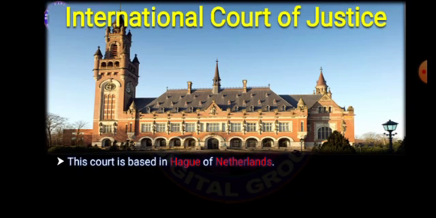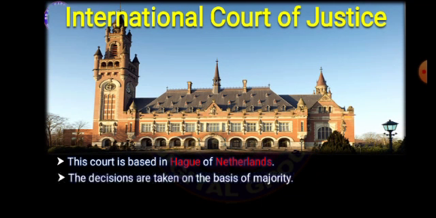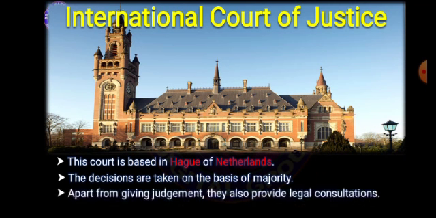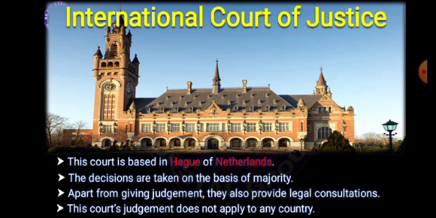And although I have just told you this organization is located in The Hague city of the Netherlands, it always takes decisions on a majority basis. The ICJ's most important role is to settle, in accordance with international law, the legal disputes submitted by states, and to give advisory opinions on legal questions referred to it by the United Nations organs and the specialized agencies.